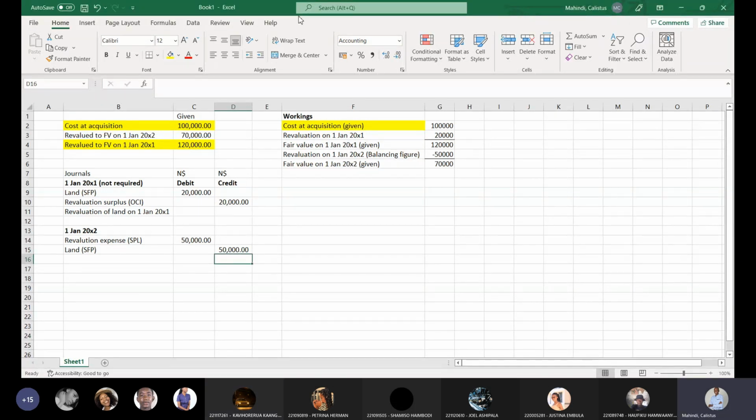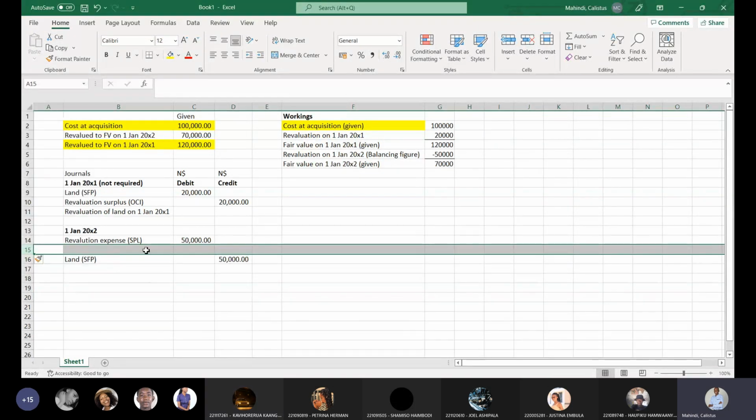50,000 is correct. However, the journal entry is not correct. A part of the journal entry is correct, whereby we show the land has reduced in value by 50,000.